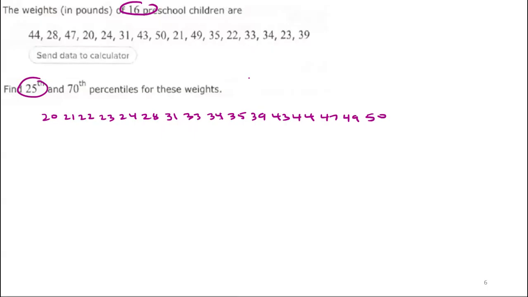Think about, remember, percentile. Back in grade school, they always tested you a lot in regards to where you rank among your peers in math, science, writing, whatever it is. Maybe you did really well and you were at the 99th percentile or 95th percentile. That means you did better than 95% or 99% of the students that took the same test.